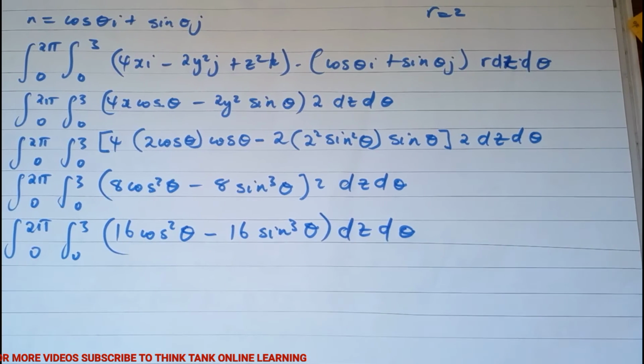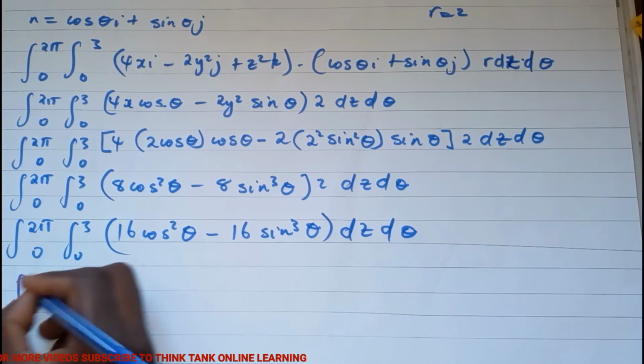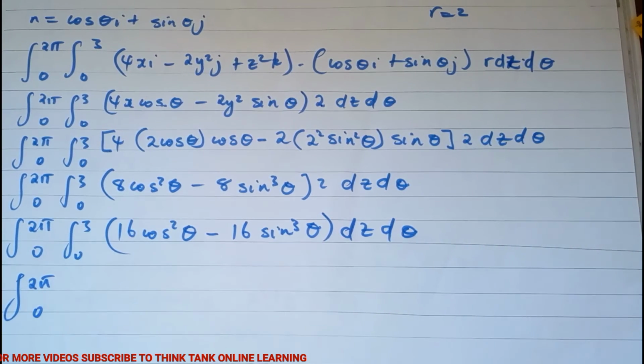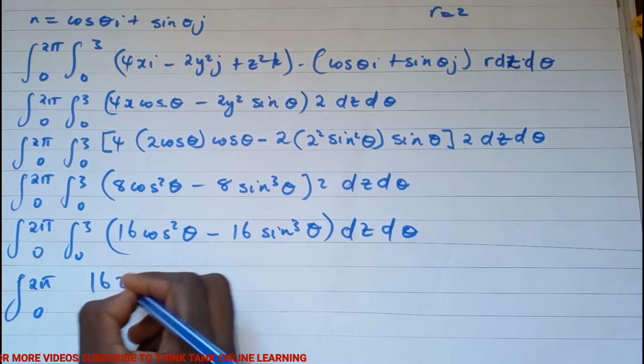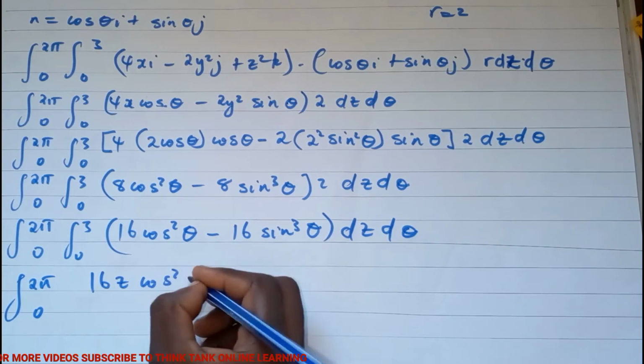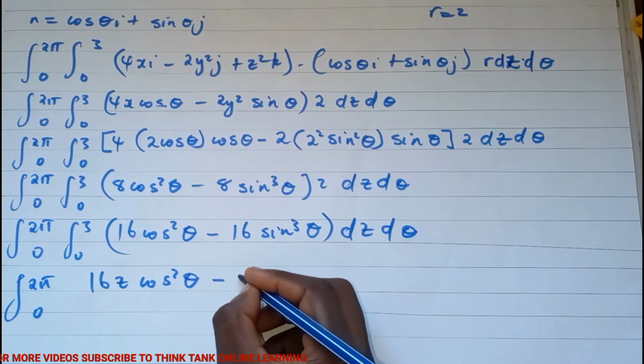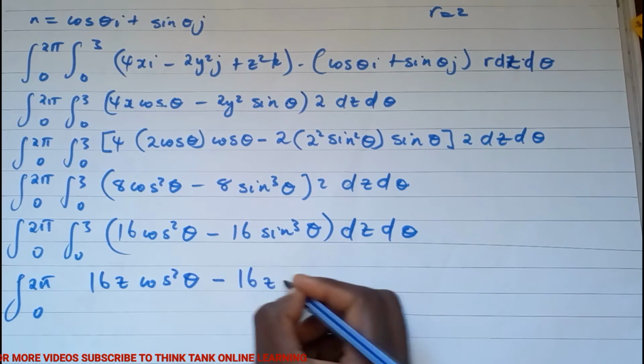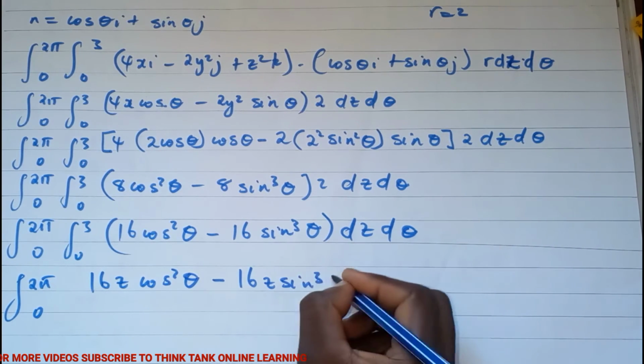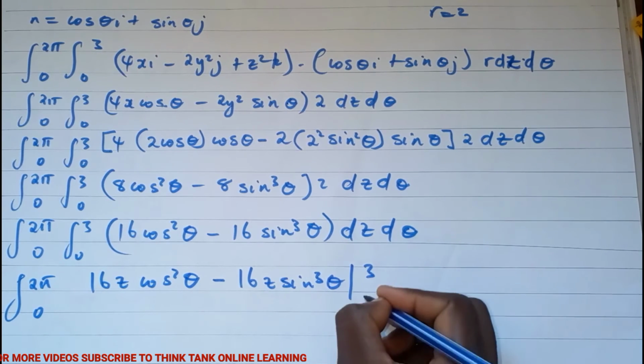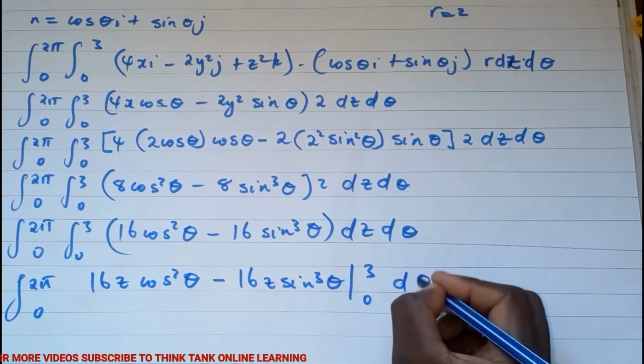Now I can integrate this with respect to z, from 0 to 2 pi. So we have 16z cos squared theta minus 16z sine cubed theta, with limits 3 to 0, d theta.